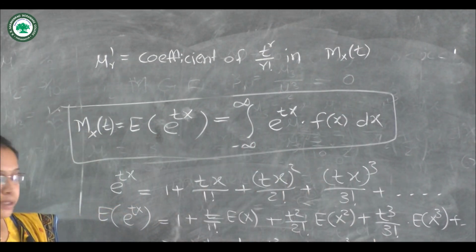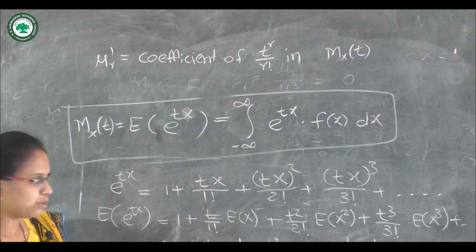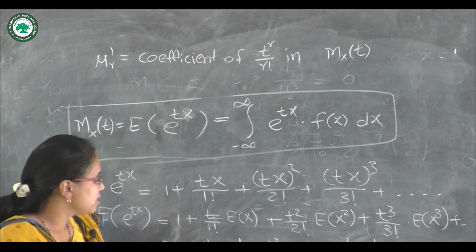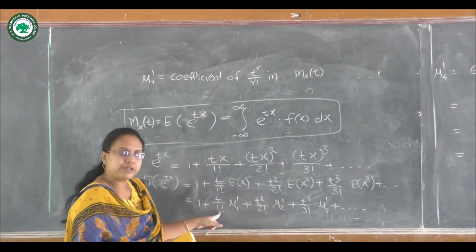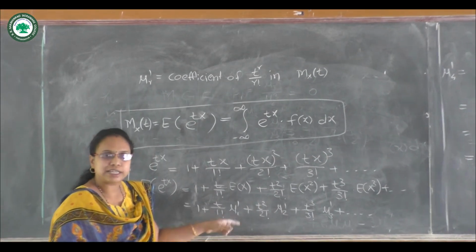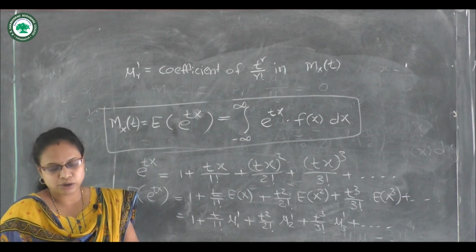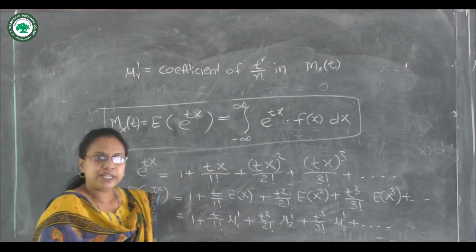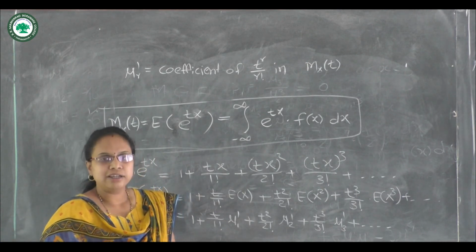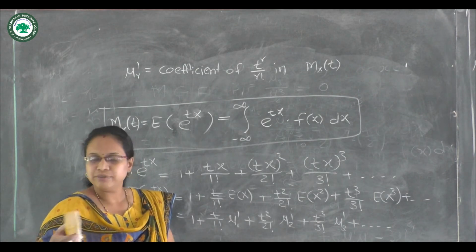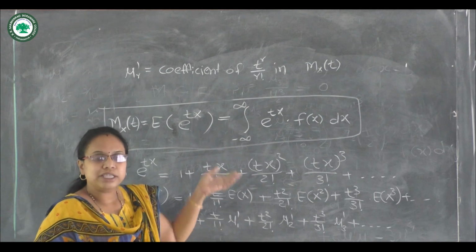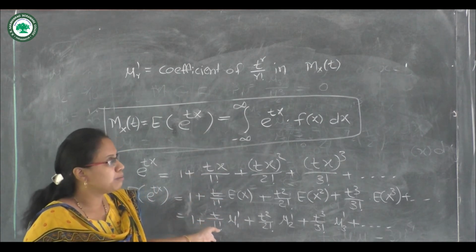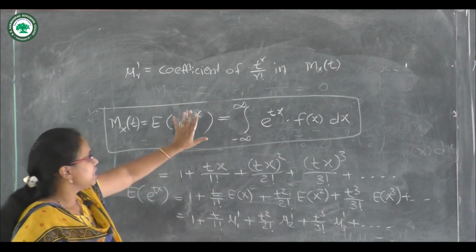Okay, in the expansion of this M_X(t). So we can say, what is the coefficient of t raised to 1 upon 1 factorial? It is mu 1 dash. So it is expected X, that is the first raw moment. So in this way we will get the raw moments, and just I have to tell you that we can find out the central moments using these raw moments. So in this way we can find out the moments using this MGF.